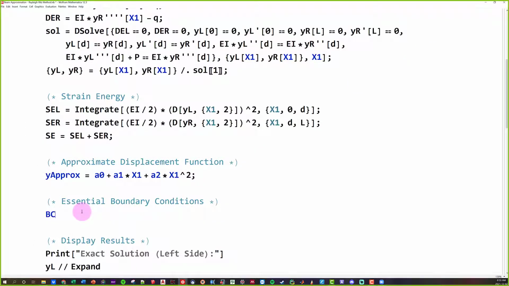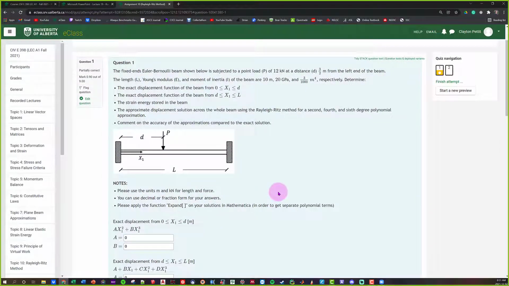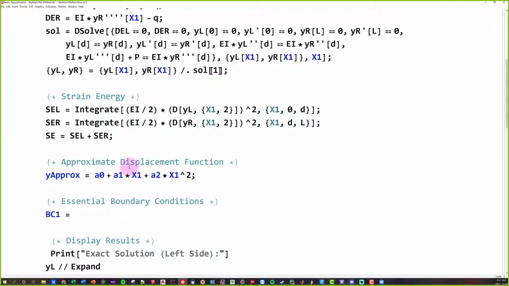So we're going to have boundary condition 1 is equal to, and if we look here, essential boundary conditions are always related to displacement as well as rotation. As we can see on both sides of the beam, we know that the displacement and the rotation must be equal to 0. So I'm going to say my boundary condition 1 is my approximation function when x1 approaches 0.